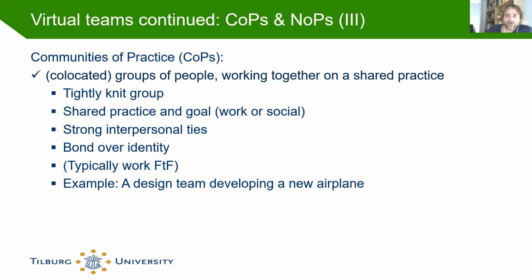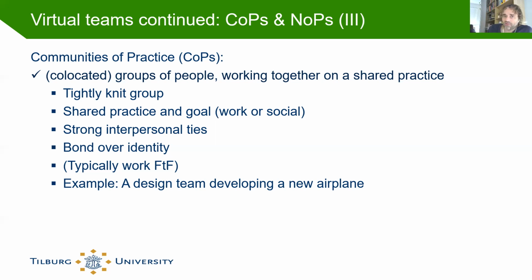They typically work face-to-face. That was the original definition, but that's no longer the case as many teams go virtual now, but they can work face-to-face, or at least in the same building. Think of a large group of people who work for Boeing or Airbus who develop a new plane. So you have different sub-teams who develop each part of the plane, but they usually know each other.